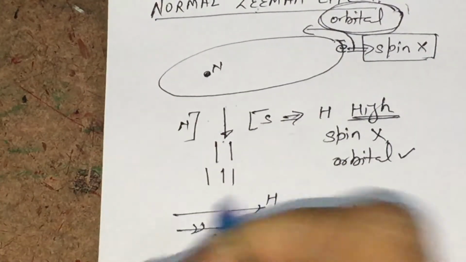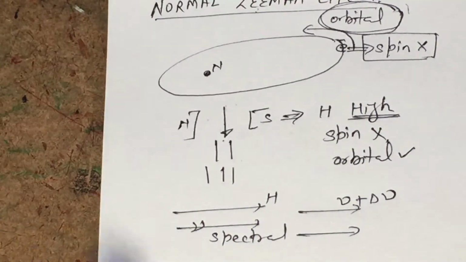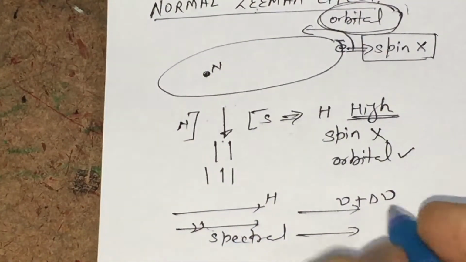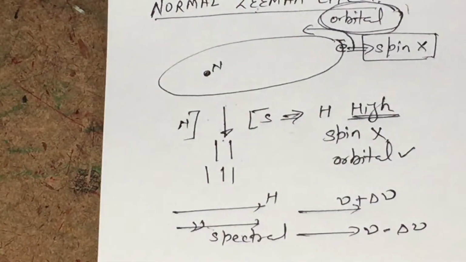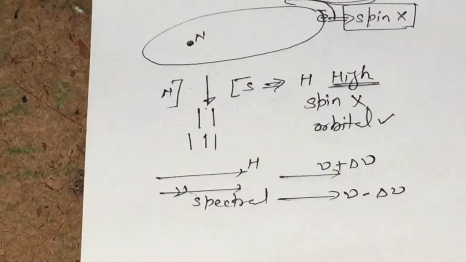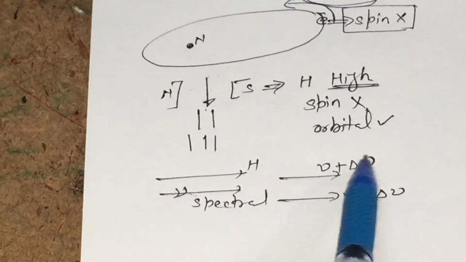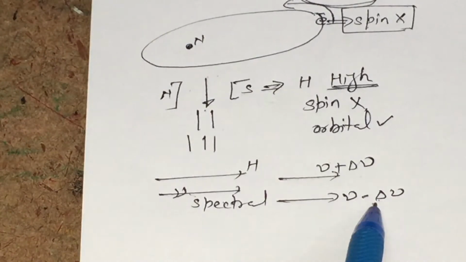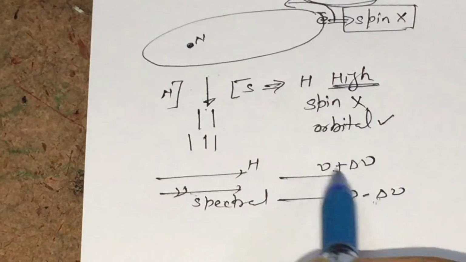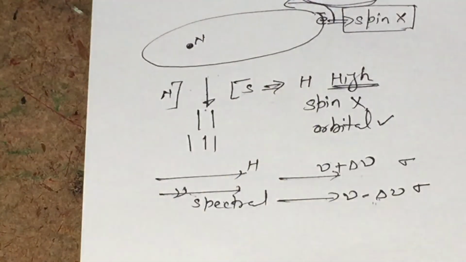One component has a frequency larger than the original spectral line, and the other component has a frequency less by the same amount as the other has increased. These two components are known as sigma components.